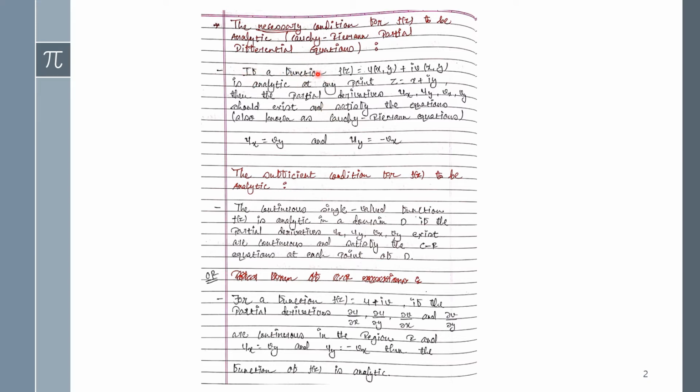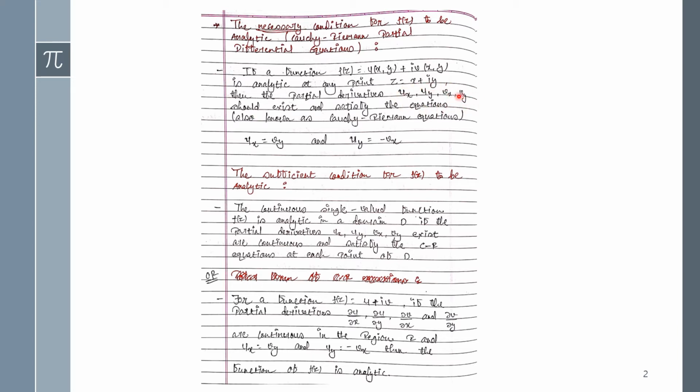If a function f of z equals u of x plus iy plus iv is analytic at any point z equals x plus iy, then the partial derivatives ux, uy, vx and vy should exist. This all you have to find, guys, okay?